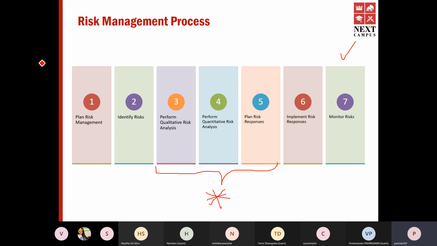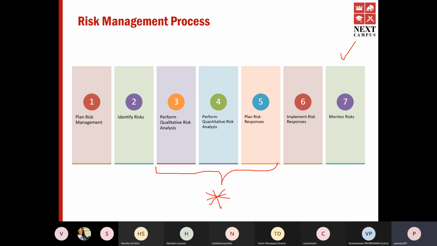Even in projects, you wouldn't spend too much energy on planning risk management, identifying risks and implementing responses. You would focus a lot on qualitative risk analysis and quantitative risk analysis. Based on that, you would do the planning, and then you will monitor the risks.